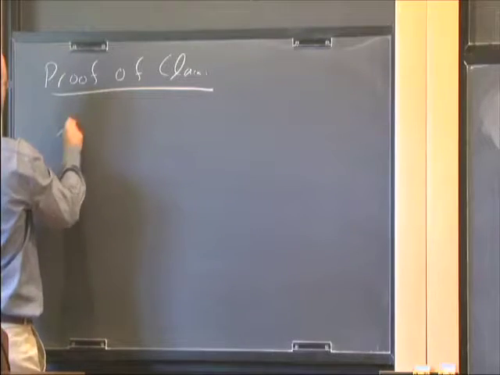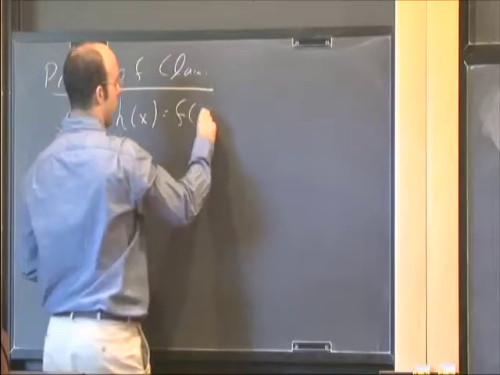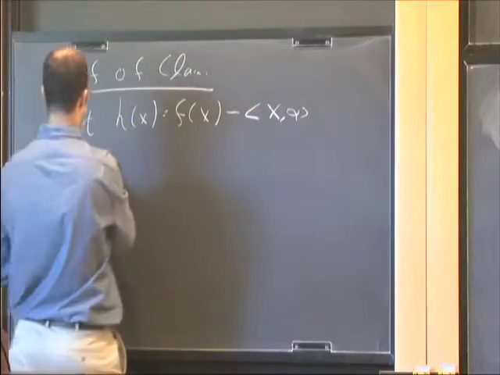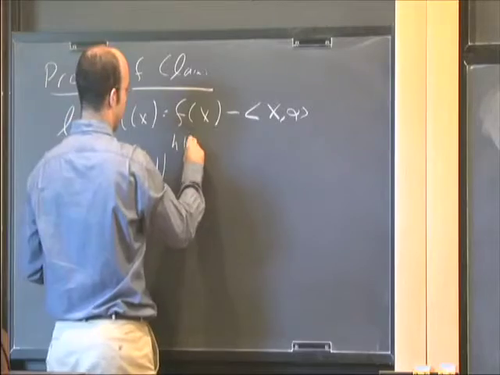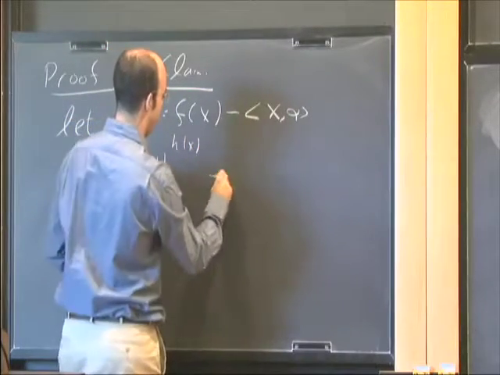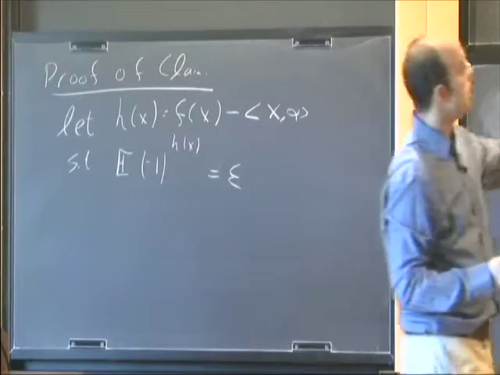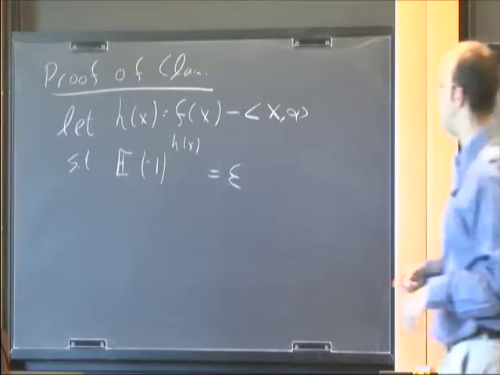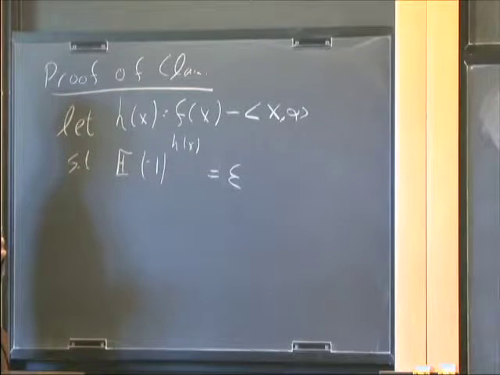So let h of x be f of x where we remove the maximal Fourier coefficient, such that the average of minus 1 to h of x is, let's say, epsilon. Maybe if this was minus epsilon, then we need to add a constant there, but it doesn't matter. This is just a shift of the function so that we have a large bias.